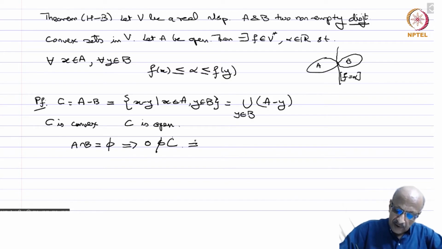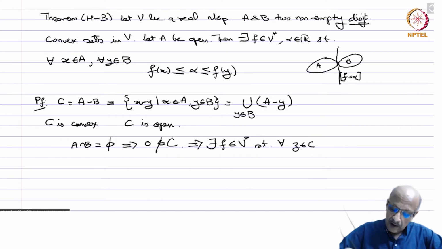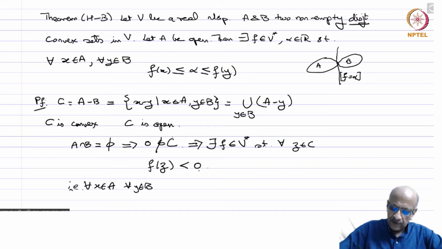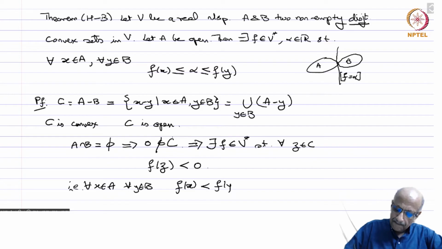So it implies there exists an f in V star such that for all elements z in C, you have f of z is strictly less than f of 0, which is 0. That is, for all x in A, for all y in B, f of (x minus y) is less than 0, so that is f of x is less than f of y.